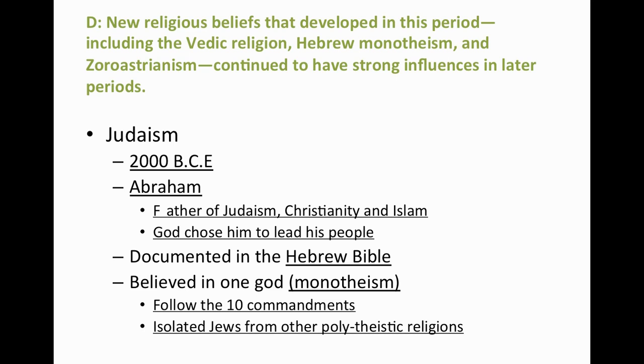This is the first region or kingdom or civilization that does not believe in polytheism. And again, the Ten Commandments are kind of their ethical code, not a legal code, but more of an ethical code. Because of their monotheistic beliefs, Jews were usually isolated from other polytheistic religious groups.